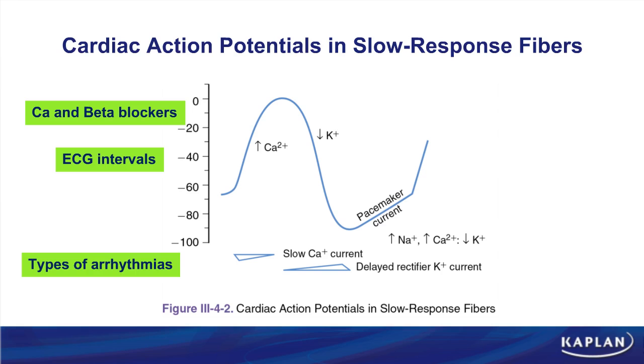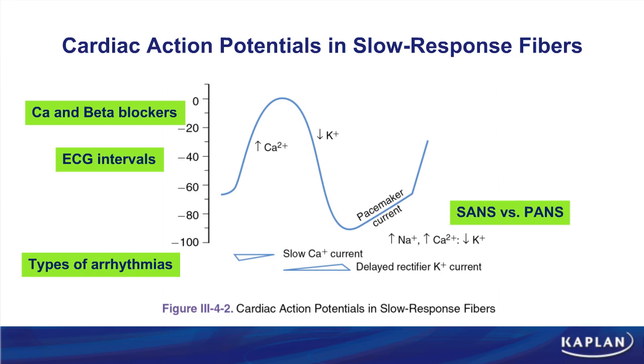I mentioned the intervals because these are popular descriptors of our drugs, and you might be asked to identify those in a test question. Finally, you can use this picture to discuss what happens when you have increased sympathetic or increased parasympathetic firing to the heart. Remember that the rate is controlled by the firing at the SA node. If I increase sympathetic activity, I'm going to increase the slope of phase 4 and phase 0, so I depolarize even faster.